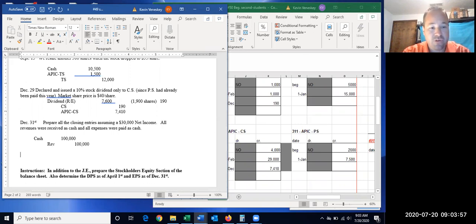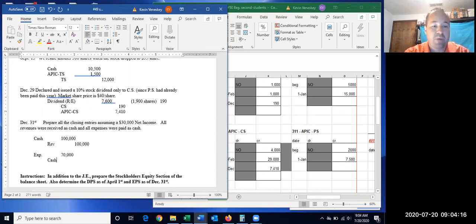And then to balance that out, I would have said, let's just say an expense. It doesn't matter which one, there's lots of expenses we probably had. But those were 70 grand because my revenue minus my expenses needs to be what my net income is. So I paid cash of 70,000.